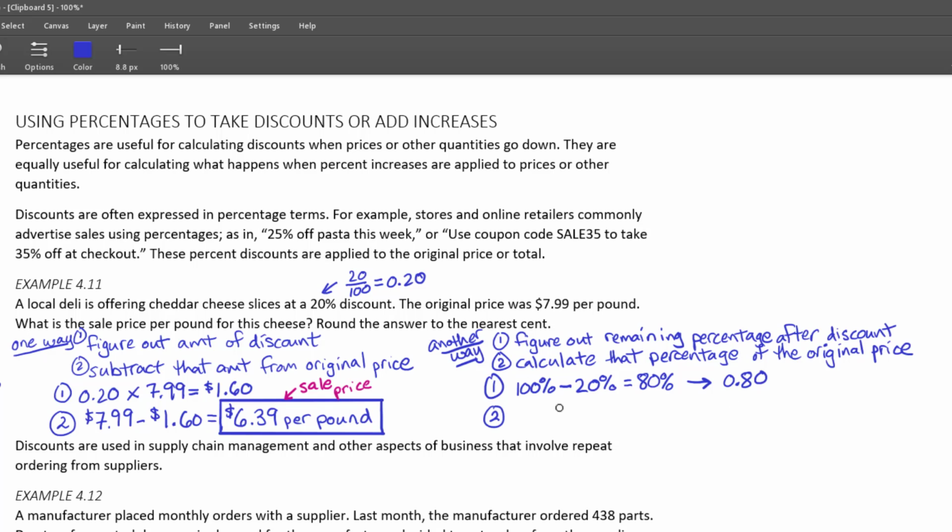And that gives us our mathematical percentage, which we multiply by $7.99. 0.80 times $7.99, which is that original price, and you get 6.392, which rounds to the nearest cent to 6.39, which is the exact same answer, of course, because that's the way percentages work. So either way you want to do this, you can do it.